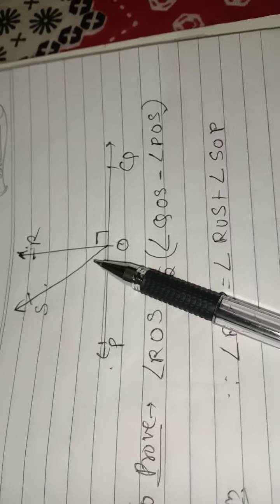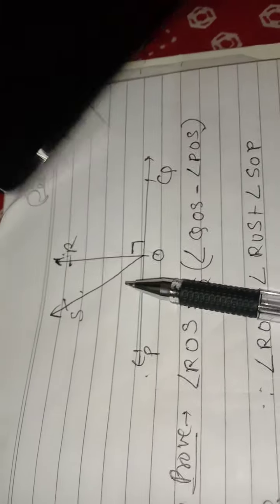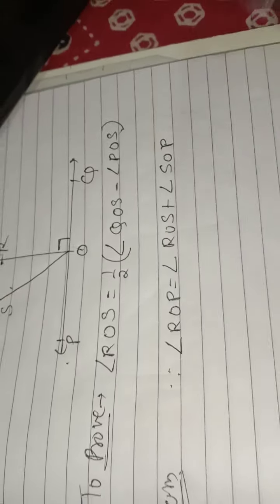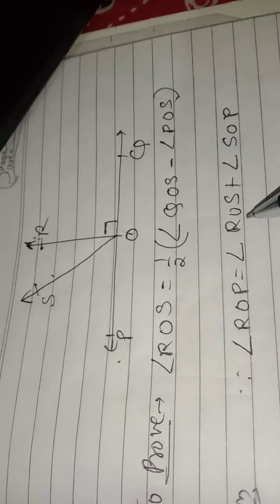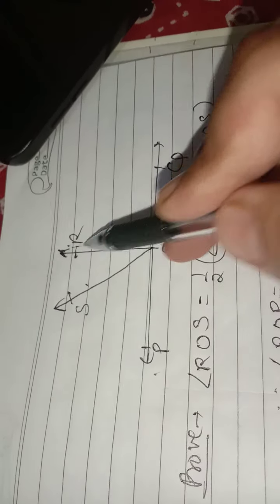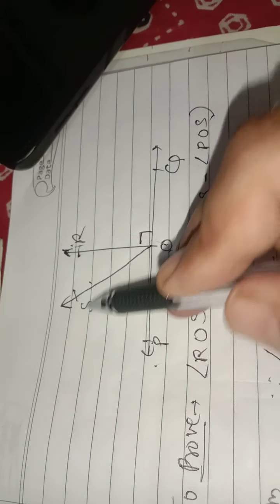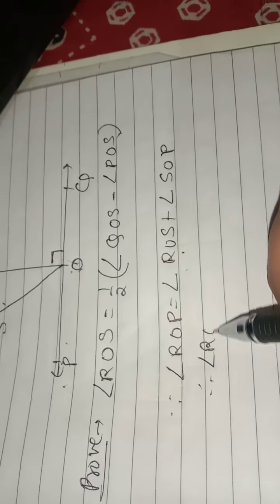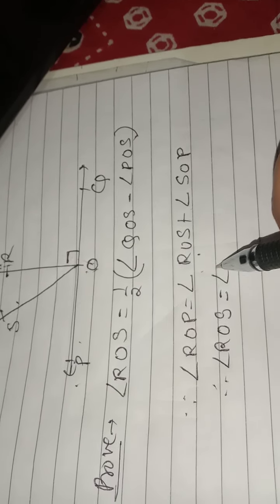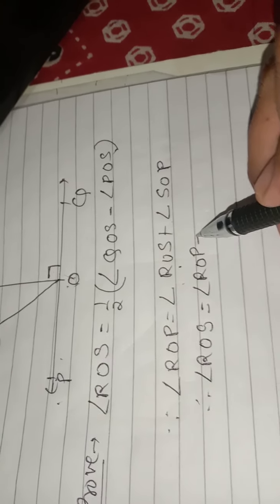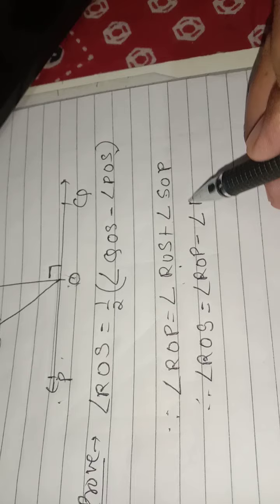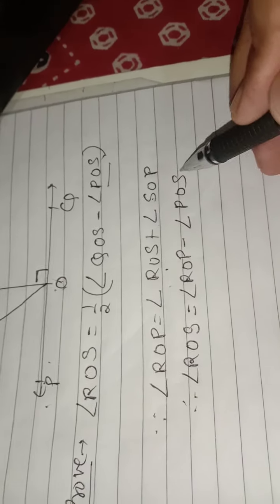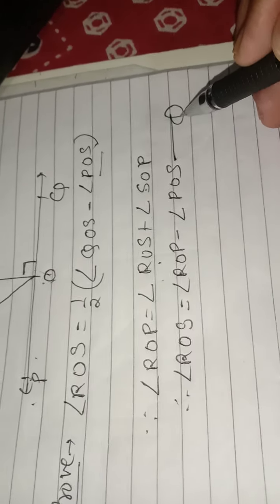Yes, I can write that, because it is 90. You can see here ROP is equal to ROS plus SOP. Now what is the value of ROS here? Therefore, angle ROS is equal to angle ROP minus angle SOP, or you can write POS. That's what you have to prove. Get number 1.